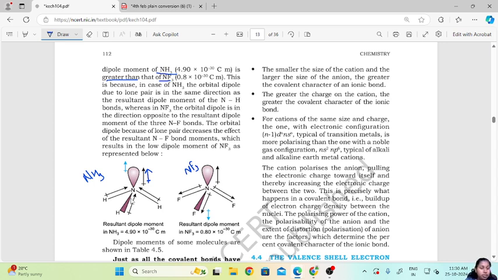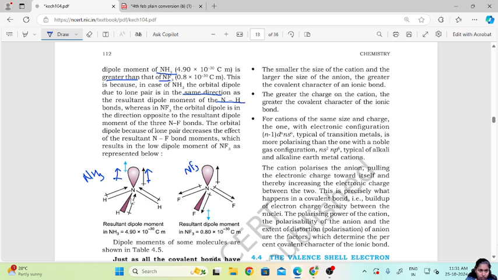In one direction means all of them are pointing towards the lone pair, or all of them are pointing upward. So the orbital dipole due to the lone pair is in the same direction as the resultant dipole of the NH bonds.